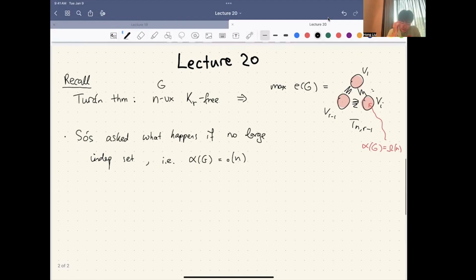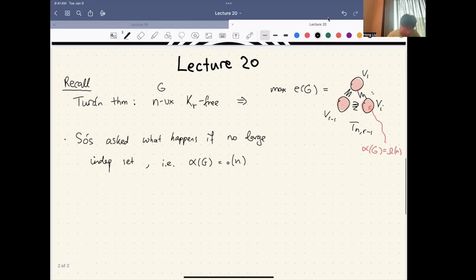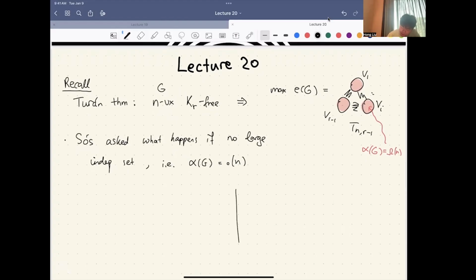So the simplest case is triangle-free. For triangle-free, let's compare. You have an n-vertex graph G, which is triangle-free, r equal to 3.